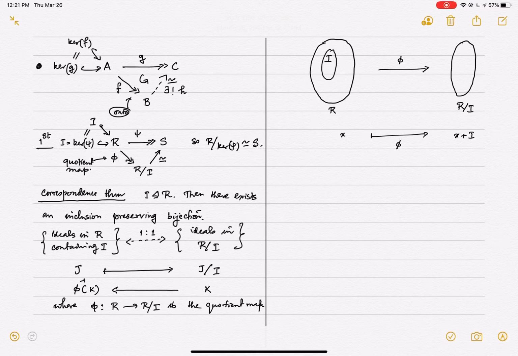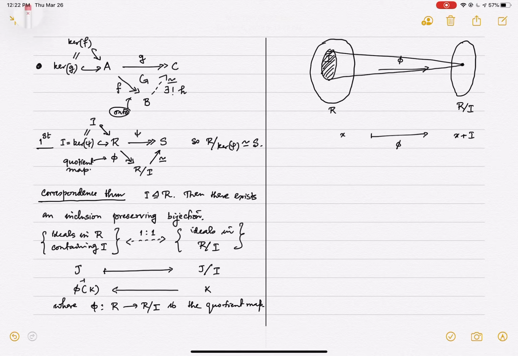If you take something in the ideal I, then that goes to 0 in the quotient ring. So this whole ideal collapses to 0. Yes. So you kill the things in the ideal.